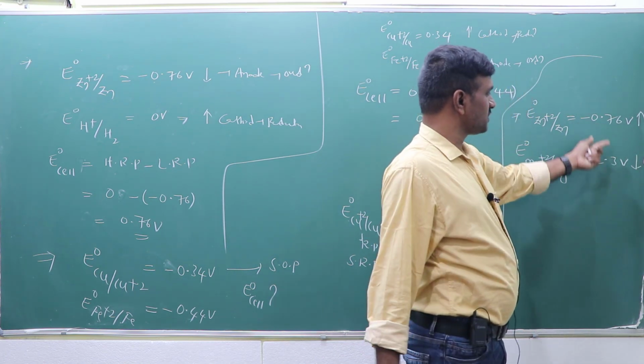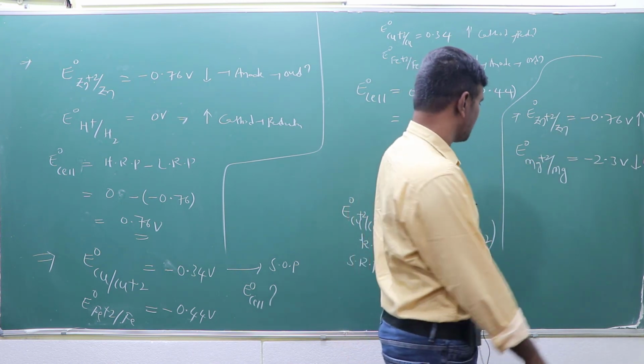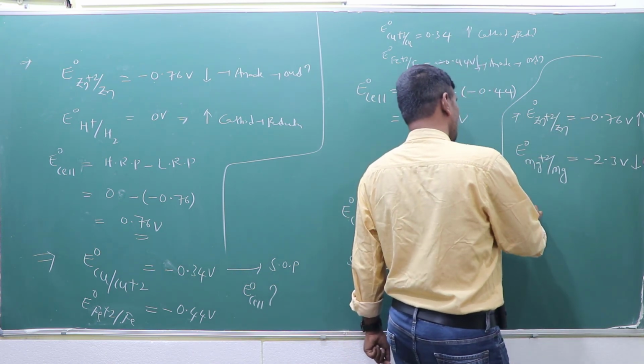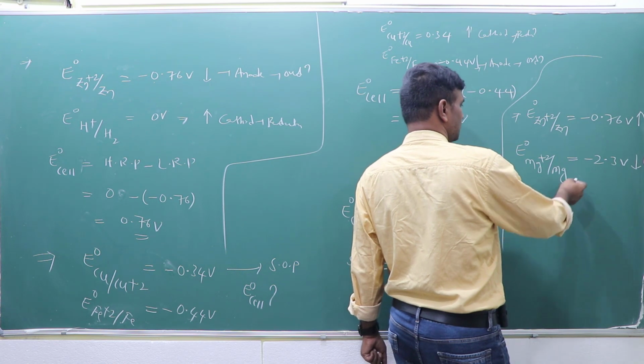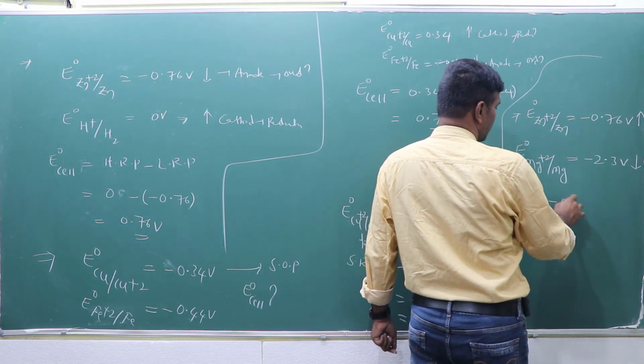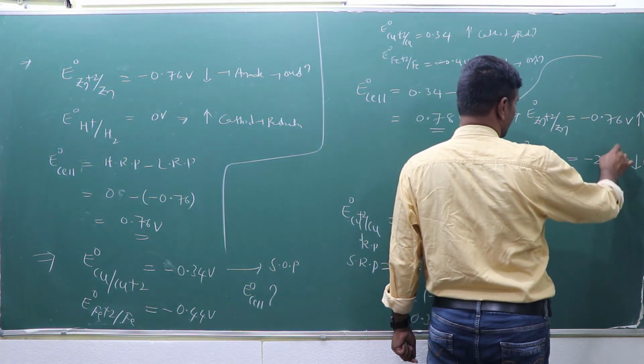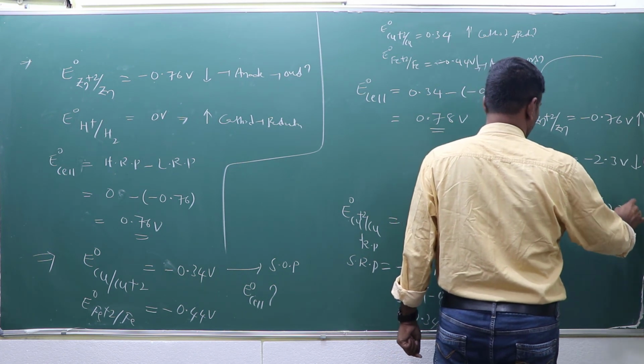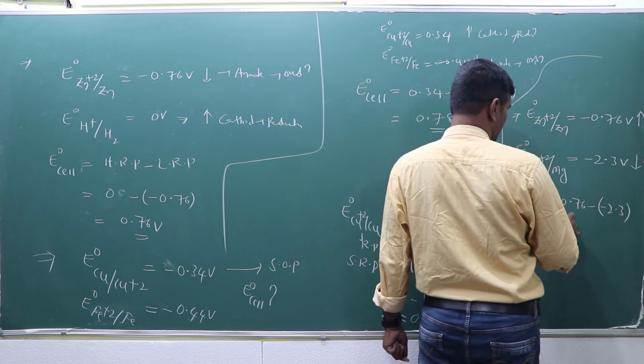So more reduction potential minus less reduction potential. E0 cell equals the higher standard reduction potential, minus 0.76, minus the lower standard reduction potential, minus 2.3. So how much is it?